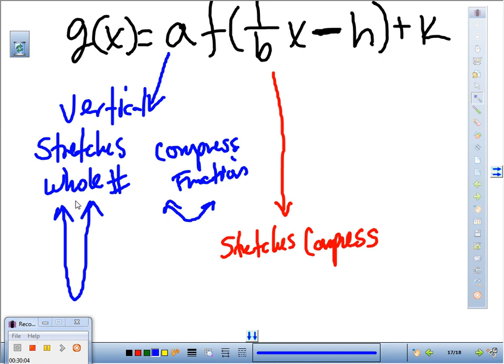So you remember when it compresses vertically, that's a. b does it which way? Horizontally. So it stretches horizontally if it's a whole number for b. That means that it's going to look like this.